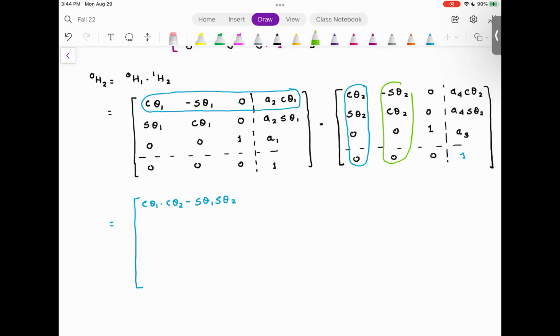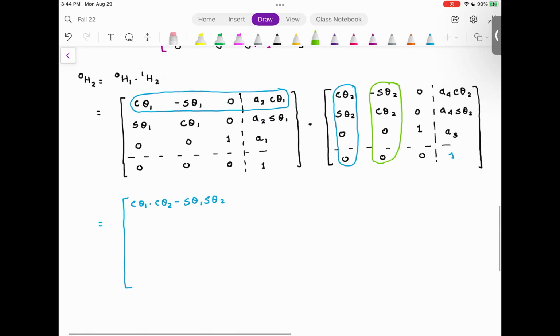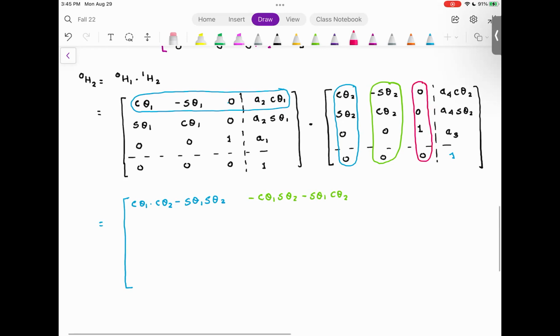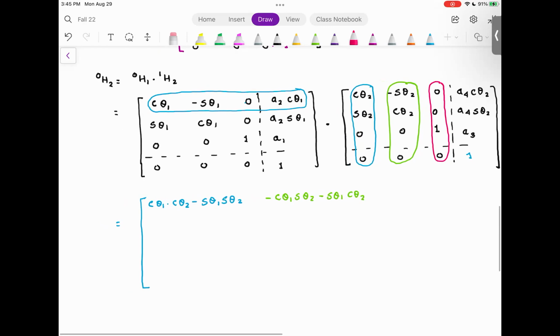So this is going to be cosine theta 1 minus sine theta 2 minus sine theta 1 cosine theta 2. Everything else is 0. First row, third column.